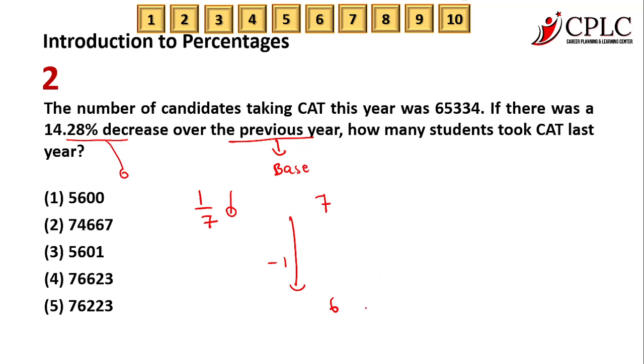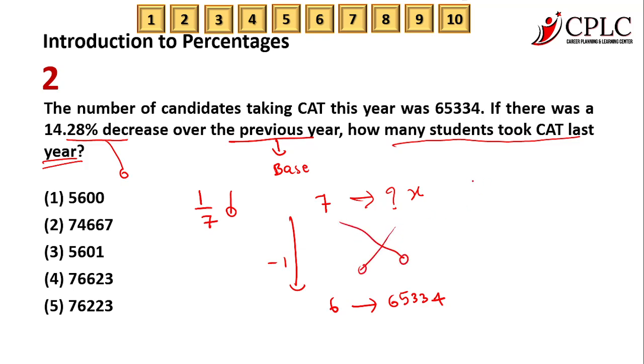So out of 6 and 7, 6 becomes the current year's number. So ours is 6, theirs is 65334, and then they're asking how many students took CAT last year, which is obviously 7. We do not know that. Suppose that is x. All we have to do is simply cross multiply and you will get your answer.